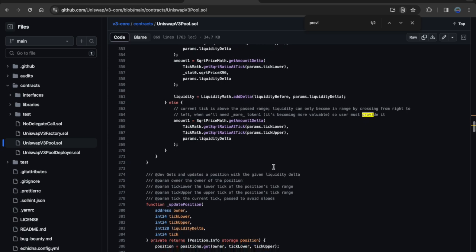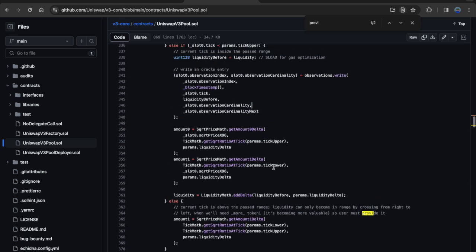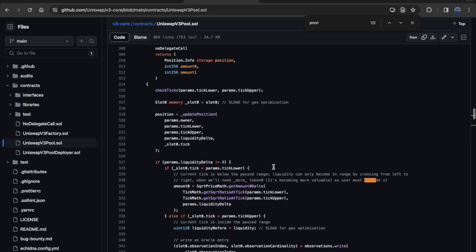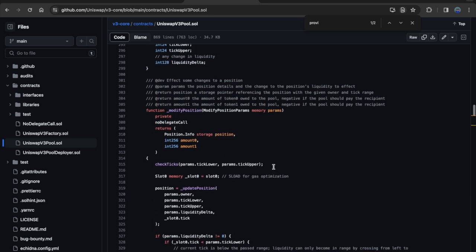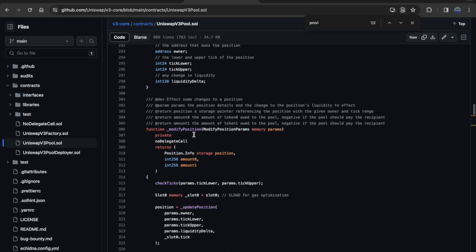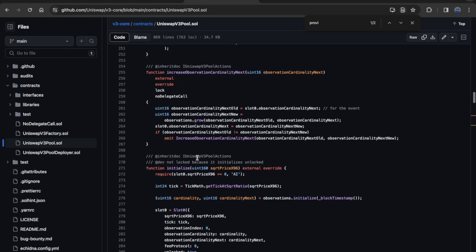I don't want to spend too much time going into the code. Okay, modify positions. This is a private function.